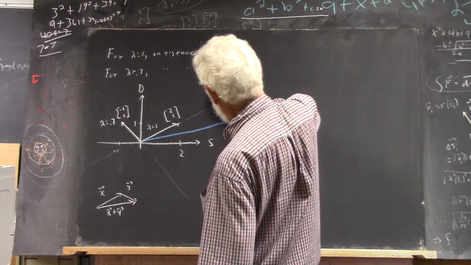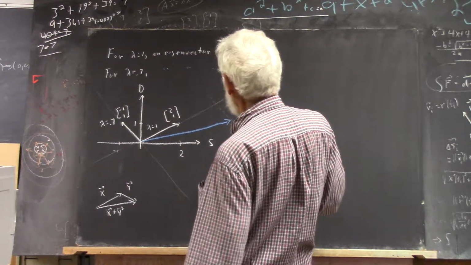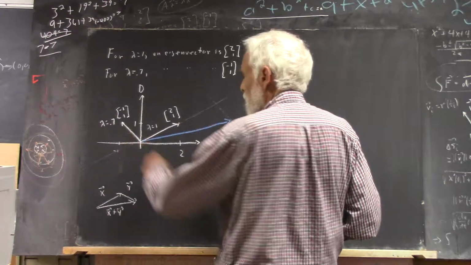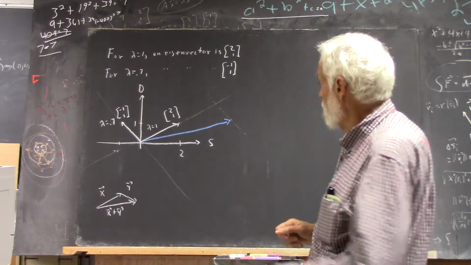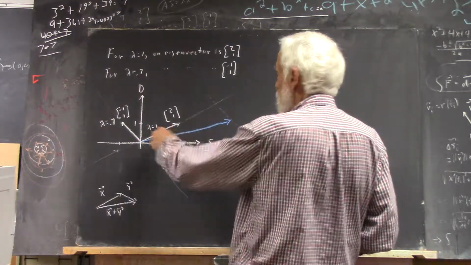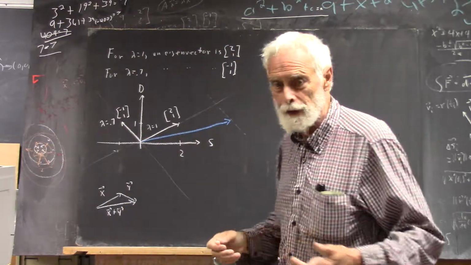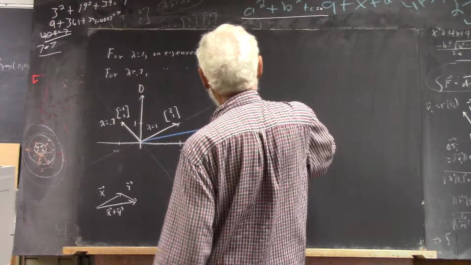Which means that you have to do this along a line here that's parallel to this one. Okay? So this dotted line is supposed to be parallel to that one. I think I maybe have it turned a little wrong, but you get the idea.